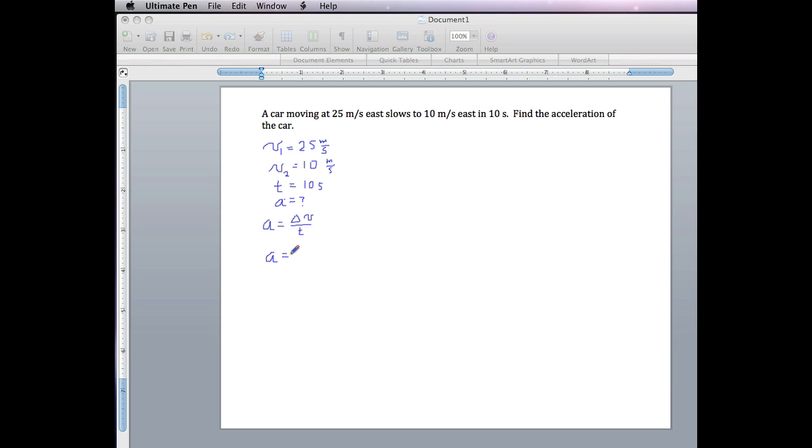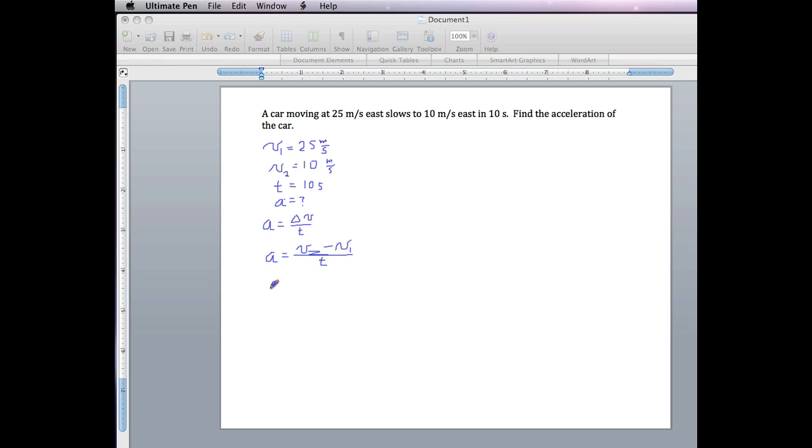Delta v, change in velocity, means the final minus initial. So that's v sub 2 minus v sub 1. And that's still over time.